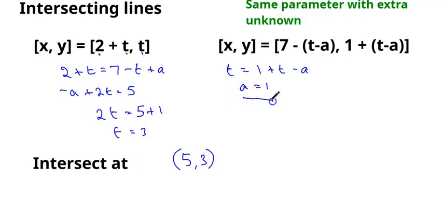Now for this equation here, if I were to substitute t equals 3 and a equals 1, that becomes 2, and 7 take 2 gives me the 5. That becomes 2, 1 plus 2 gives me the 3. So I do get a successful point of intersection.